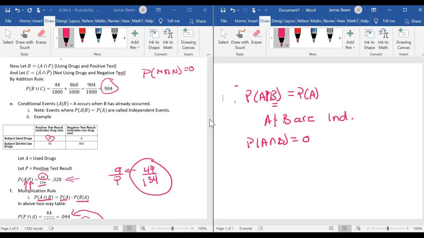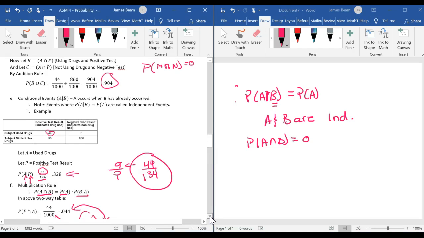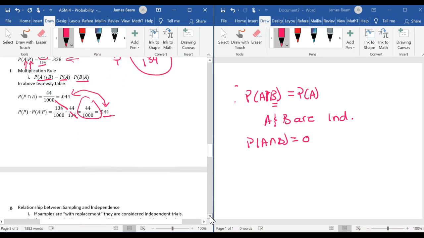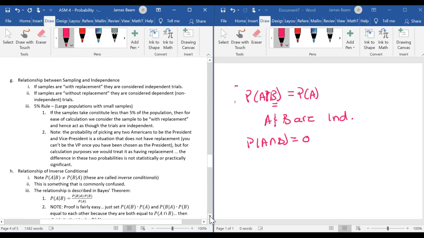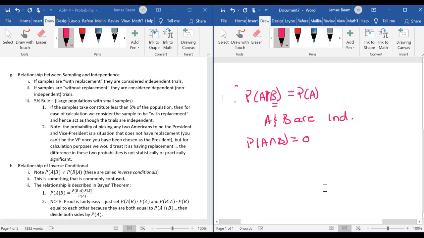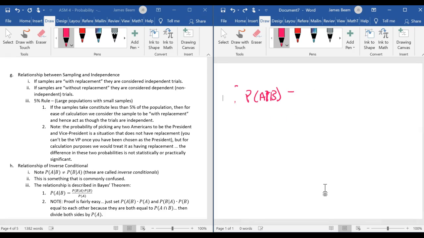All right, so that being said, let's drive down a little bit here into this idea about sampling and independence. Okay, so we get into this idea of replacement and no replacement. Think about it this way.